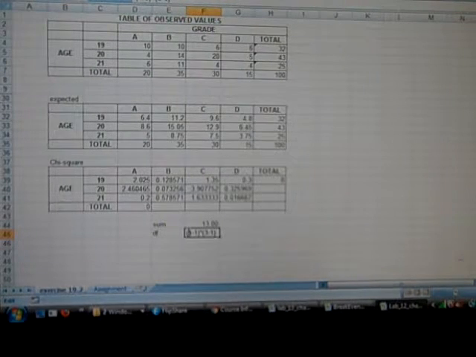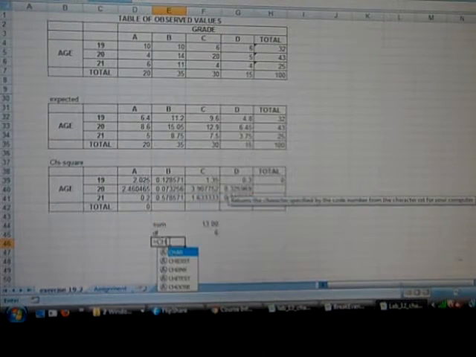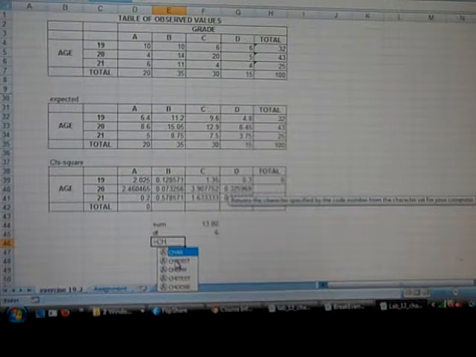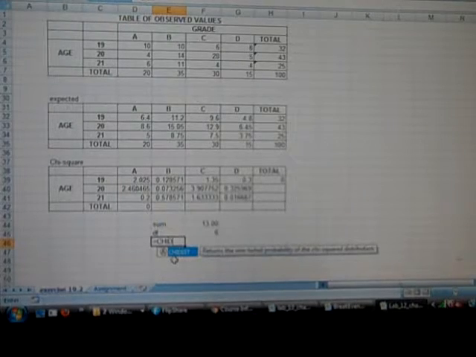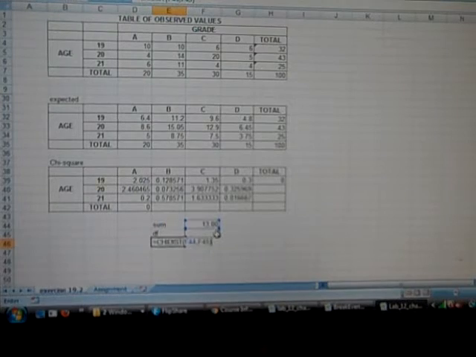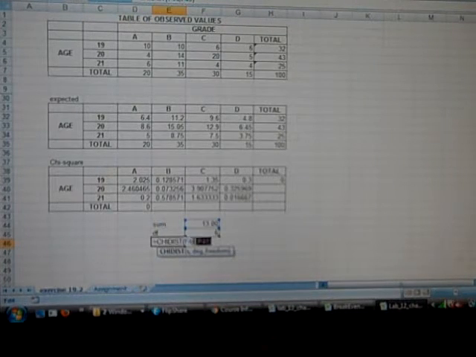Okay, and then remember to put your equal sign, which is really important. Okay, so then you have 13 and you have 6. So these are going to be important in computing the last part, which is your chi-square. So then you're going to want to go to chi-square distribution. And then you're going to want this value first, and this value second, and compute, and then you get a p-value of 0.0043.